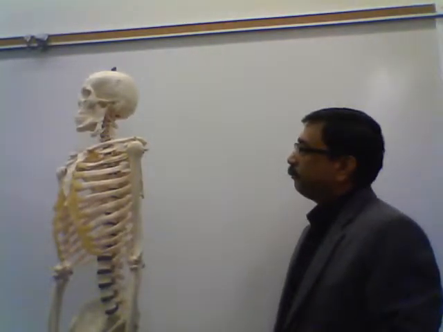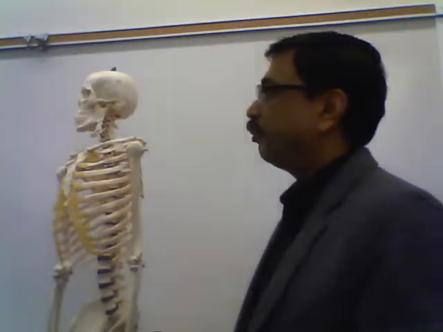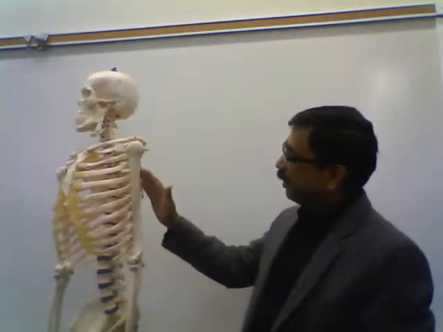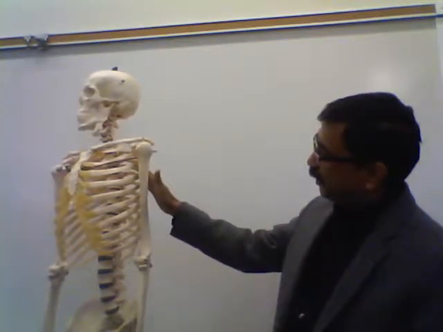The scapula is also known as the shoulder blade or shoulder blade bone, and most of the scapula is flat. It has three borders: superior border, lateral border, and medial border. And in the flat part, you have three fossae: the subscapular fossa in the front.